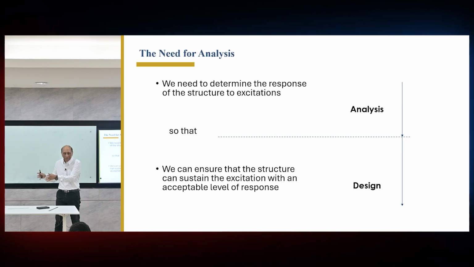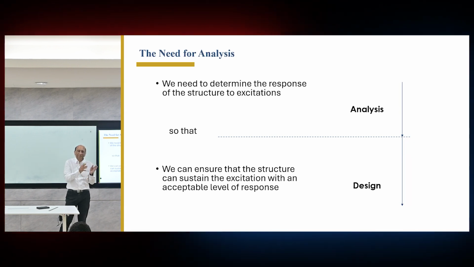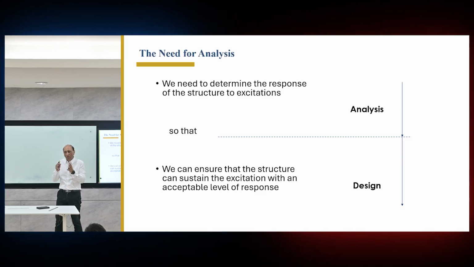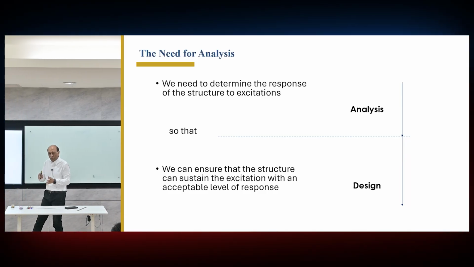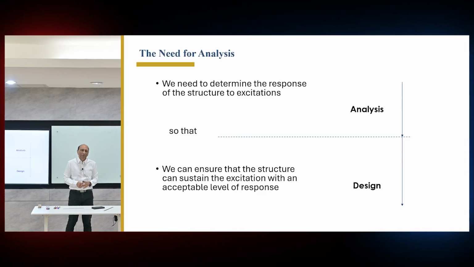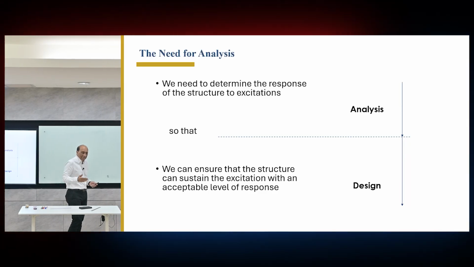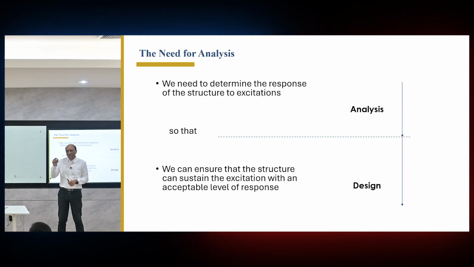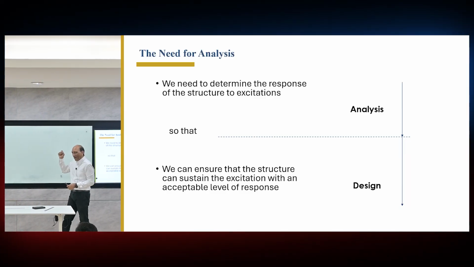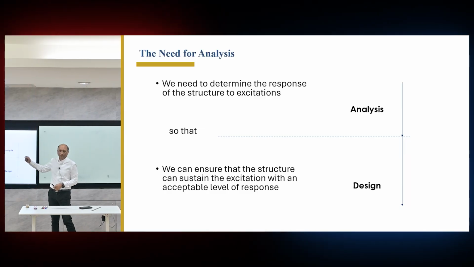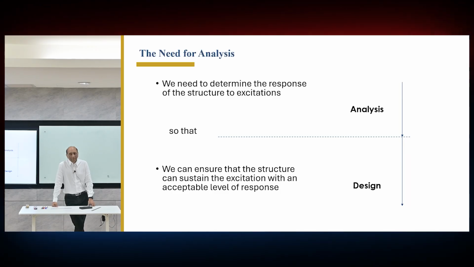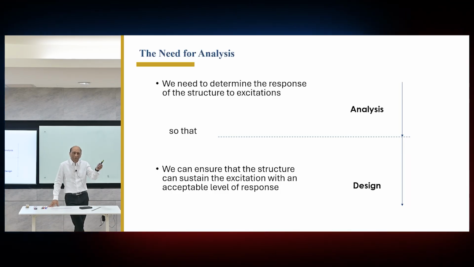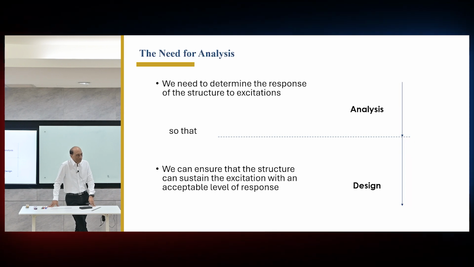If it is not acceptable, we go back and change something in the structure, which is called the design, making the alteration so that the response comes back to the limit. That's design. Always we are trying to find the structure that will have an acceptable response for a given excitation. Putting in bigger member sizes, putting in a damper, putting in reinforcement are all part of those decisions.